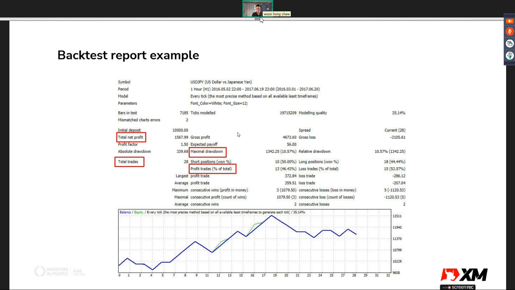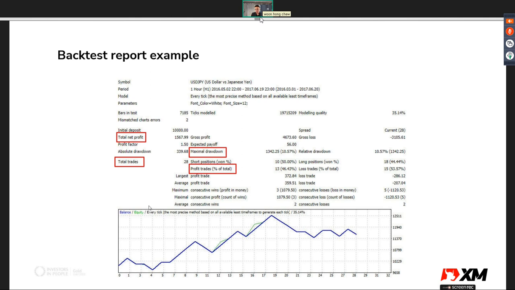So if we use this example again, we can see that this bot only took 28 trades, 10 short positions and 10 long positions. So we can see that this bot itself is actually very specific on the trading strategy that it wants to apply on USD JPY.